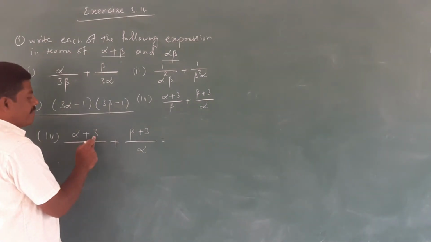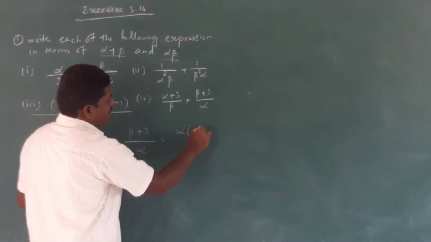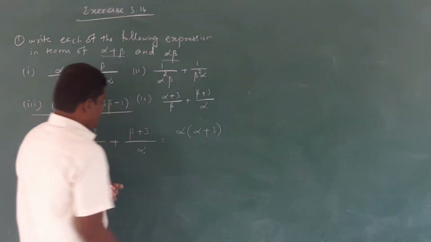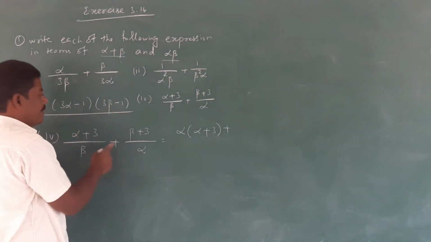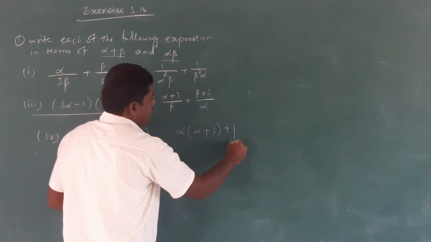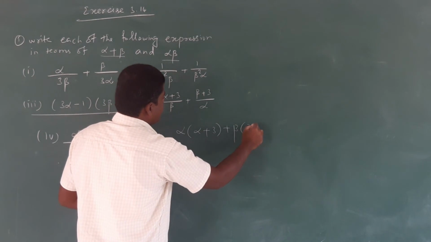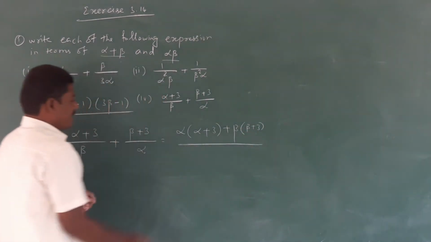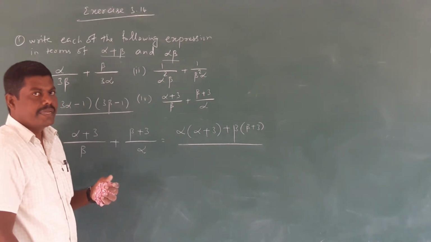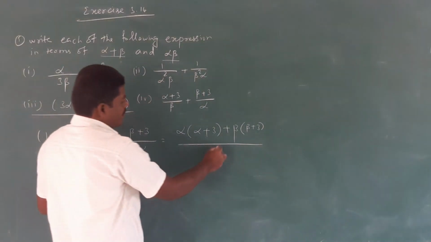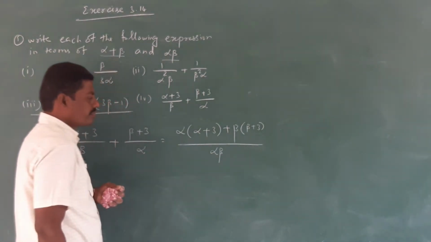Alpha multiplied with alpha plus 3, in the middle we have the plus sign, plus beta multiplied with beta plus 3. Cross multiplication. Divided by the denominator: beta multiplied with alpha. Beta alpha can be written as alpha beta, no problem, both are a product.